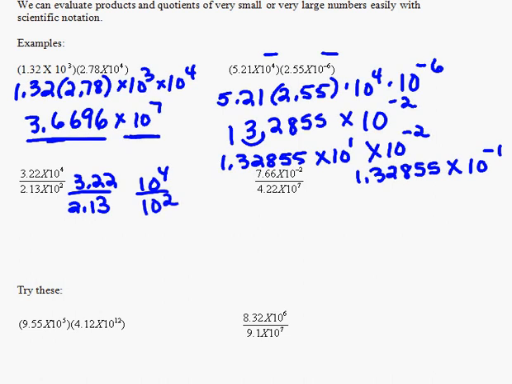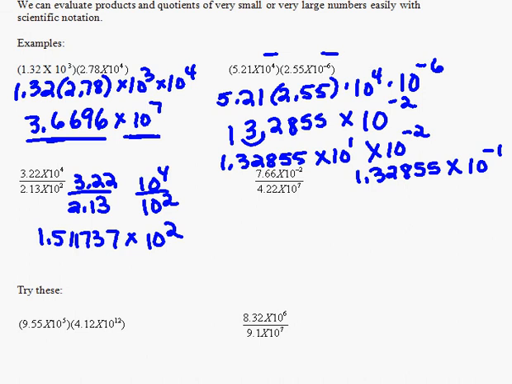Well, 10 to the fourth over 10 squared I can certainly do. That's 10 squared. What's the rule? Subtract my exponents. And my division of 3.22 by 2.13 gives me a long number, 1.511737 times 10 squared, and that is in scientific notation because it is already a number between 1 and 10 times 10 to some power.